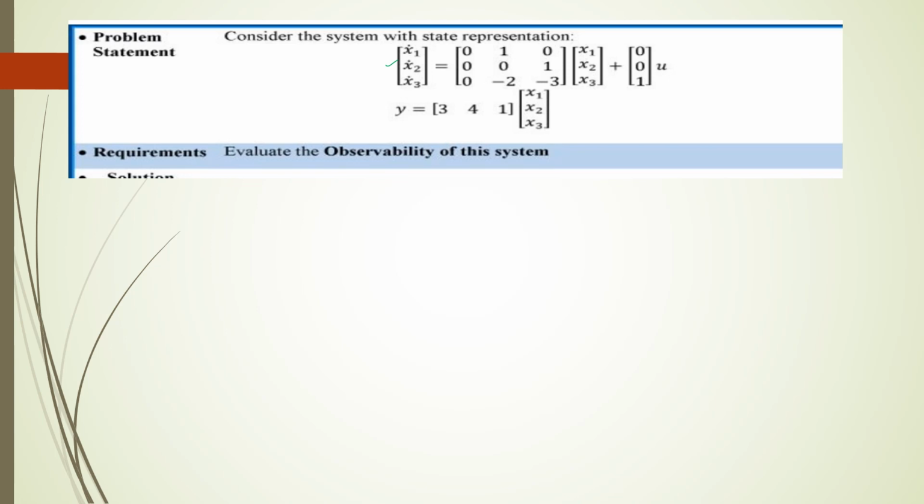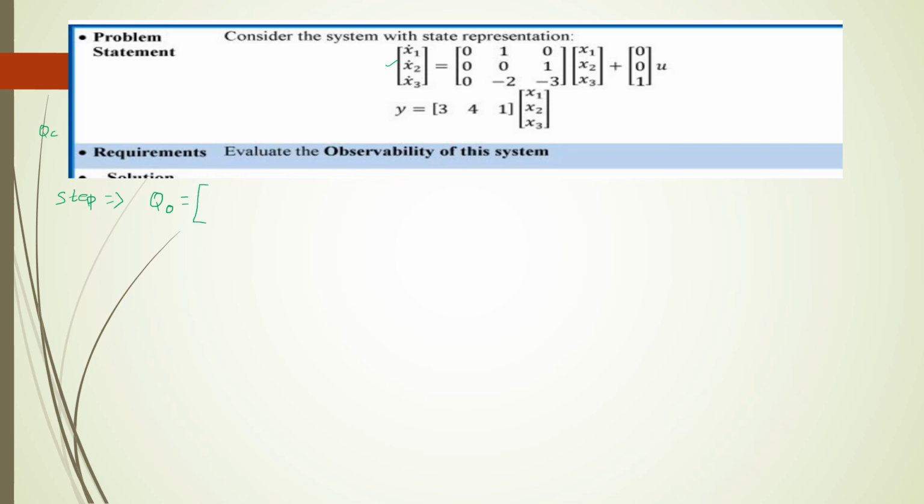So the first step to solve this observability is step 1. We need to form the QO matrix. Whereas in controllability, we form the QC matrix. So here we are going to form a QO matrix.